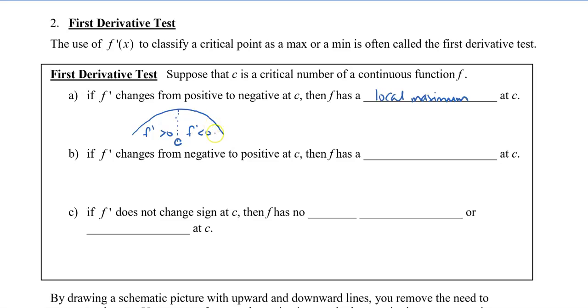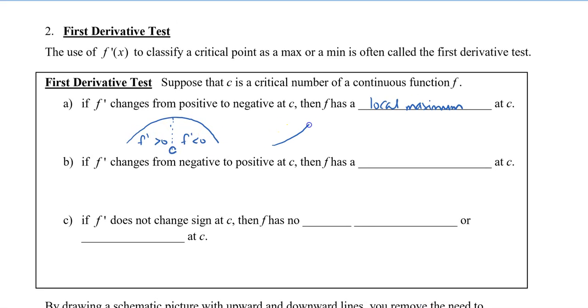Now we can have a curve that looks like this. We can also have a cusp. So this would be our point C, and we can see that our slope is still positive on the left side and still negative on the right side.